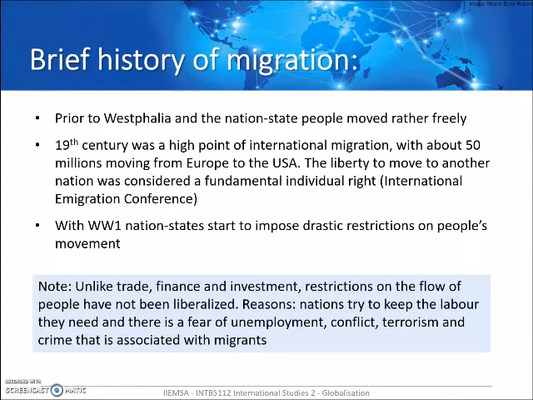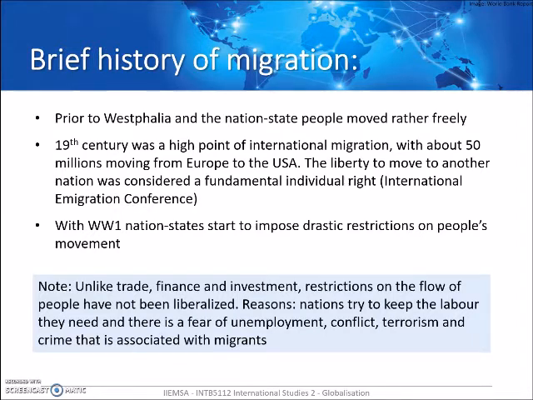Like, yes, we're seeing much more movement of people, particularly for business travel, for vacations, for travel. But actually the ease to migrate, to really move to another country is not more than what it was, right? So basically the flow of people is sort of a bit of an exception to the flow of other things in terms of globalization, right?